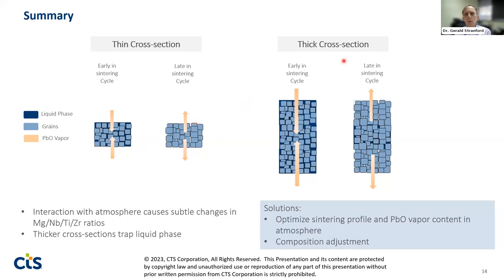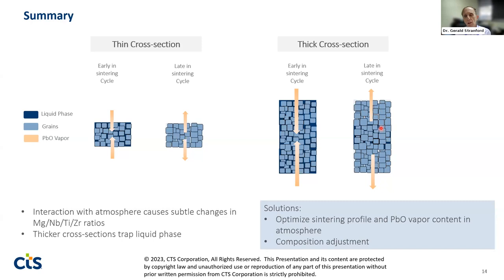Whereas in contrast, when we go to the thick cross-section, once again, early in the cycle, we probably get the PBO vapor penetrating deep into the material and condensing to help form that liquid phase. But as we get towards the later portion of the cycle, only the surfaces are losing some of that excess material, leaving us with a microstructure that is probably more porous near the surfaces, and I'll say generally we see less of that residual PB-rich phase in cross sections after the fact.